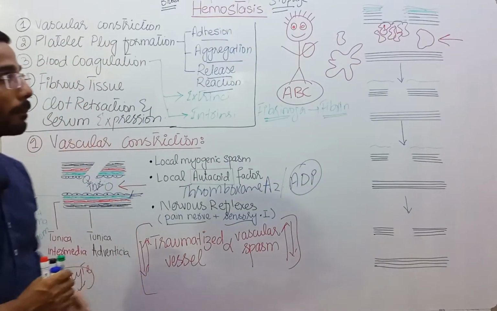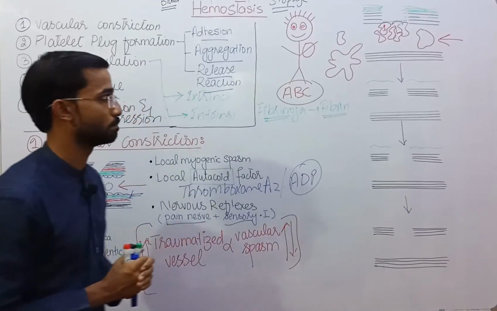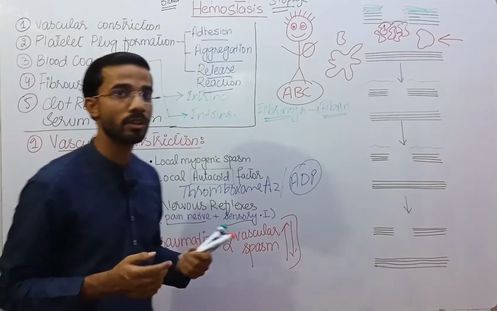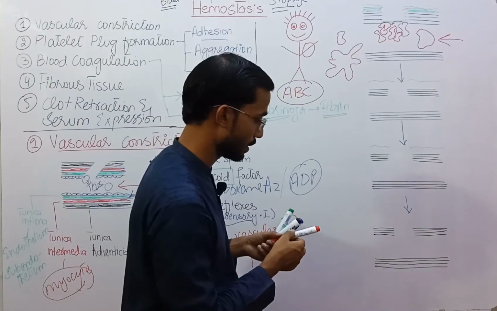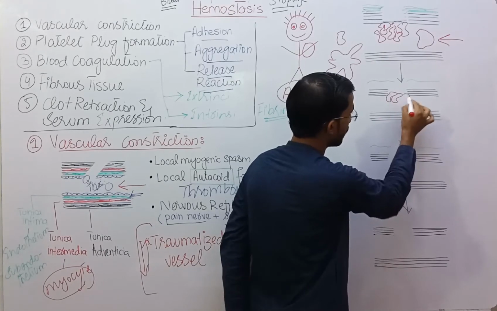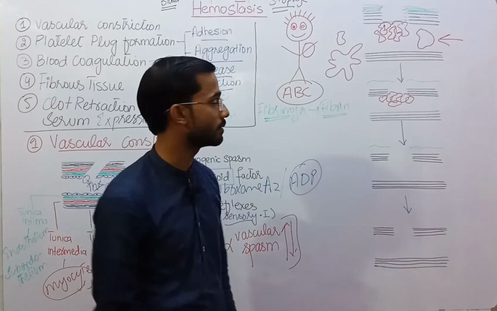The second one is completed, like a platelet plug is formed. Then the coagulation cascade occurs. Why? This is a platelet plug which forms at the injured site, right?